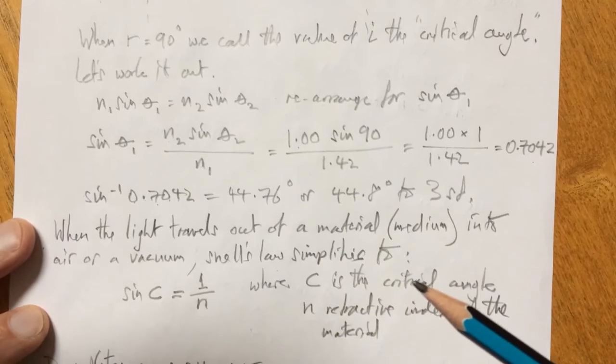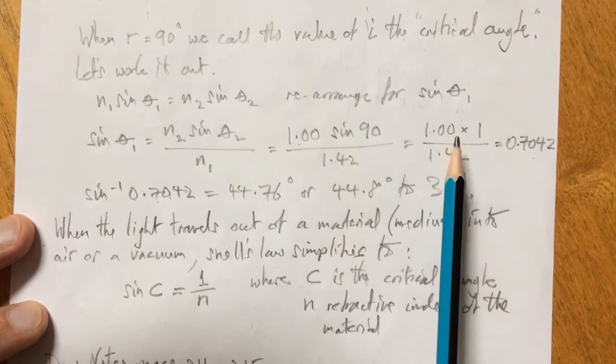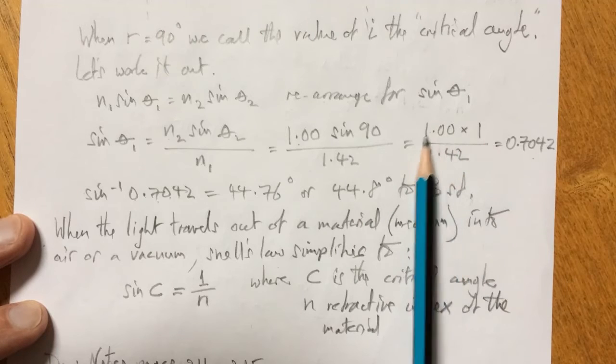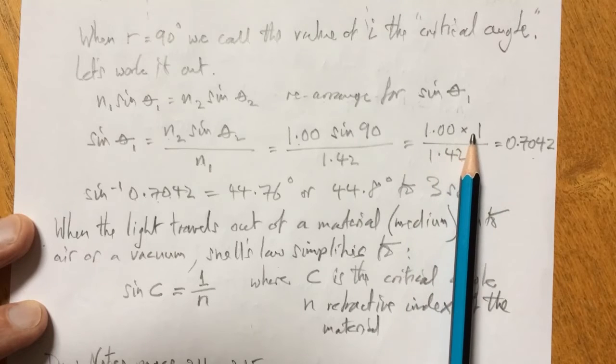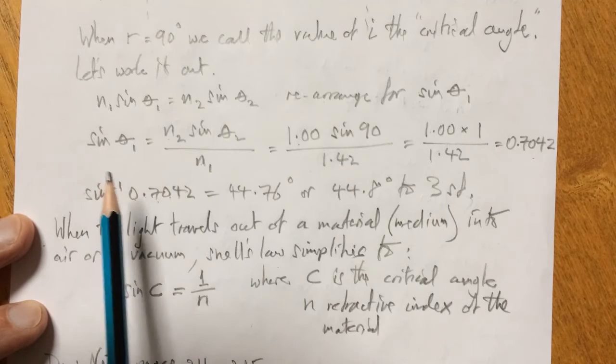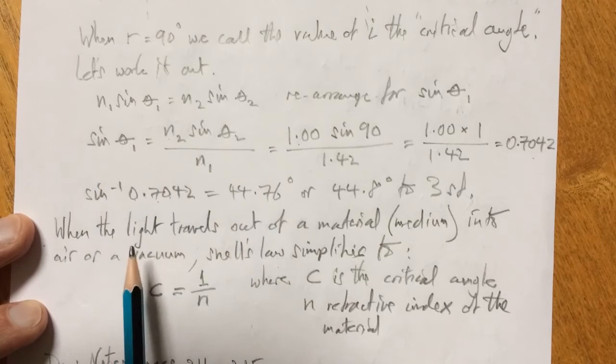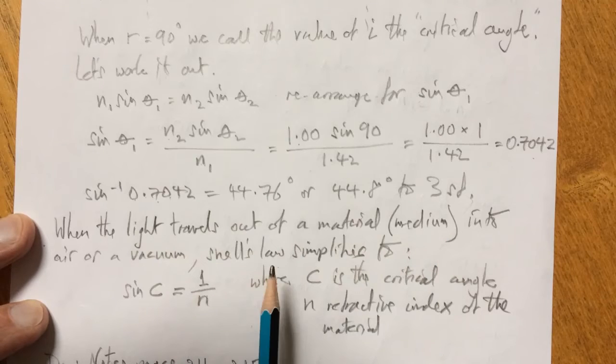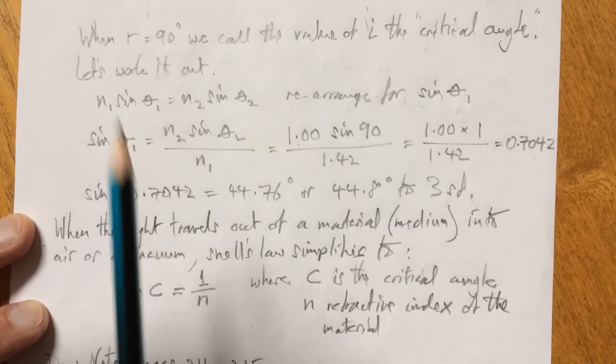Now, because this top part of the equation goes to 1, we can simplify the Snell's law equation for the critical angle.